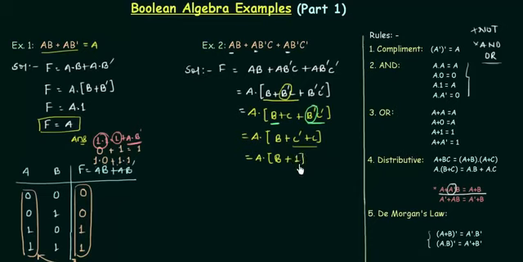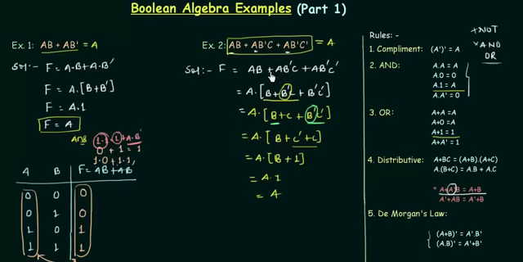So B or 1. B or 1 from here you can see is 1, so A and 1. A and 1 from here you can see is equal to A. So this large function is equal to A.